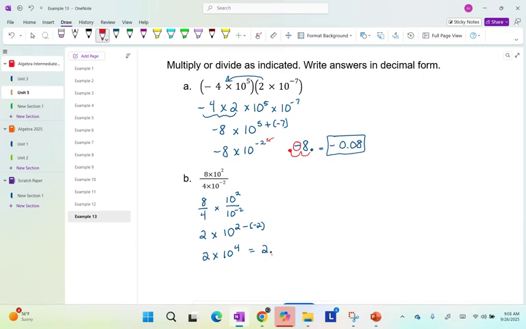And we'll move our decimal place, 1, 2, 3, 4. We'll put our new decimal place here. That's 1, 2, 3, and 4. And we'll fill in our zeros in our spaces. And we have our new answer, which is 20,000.